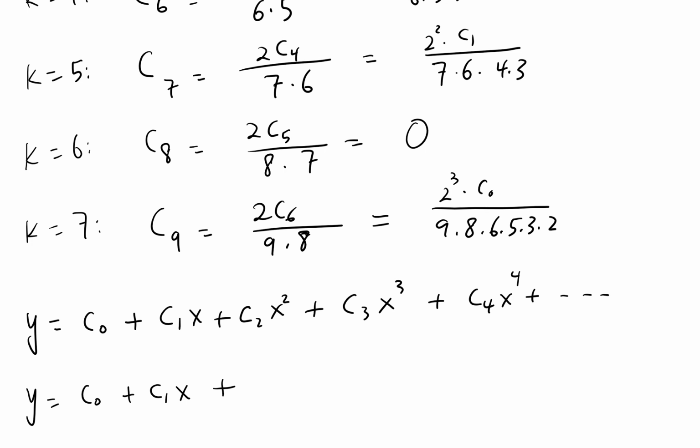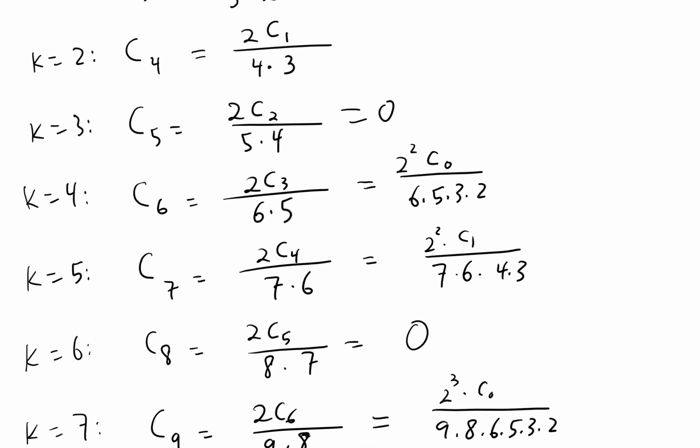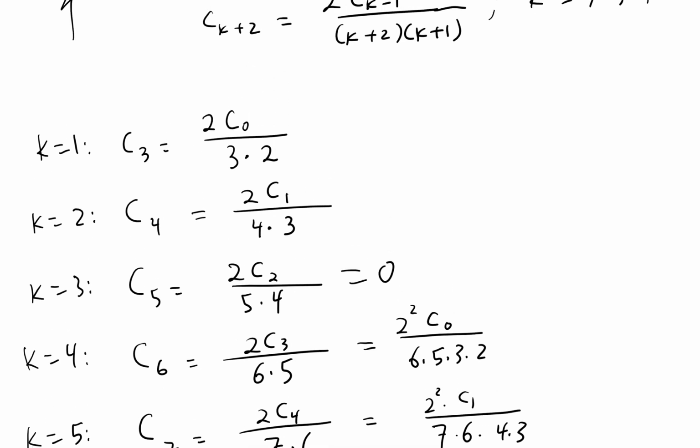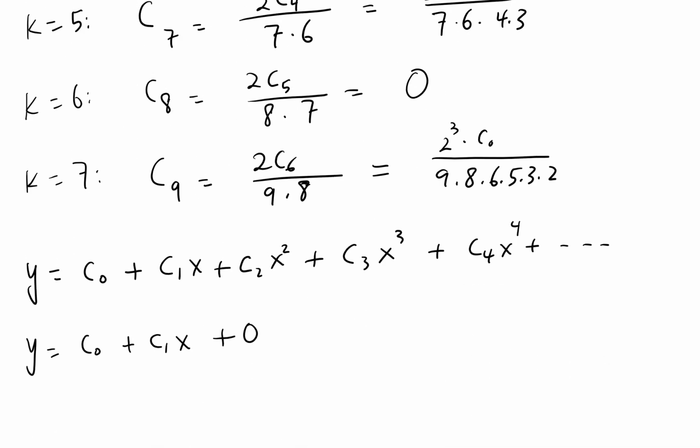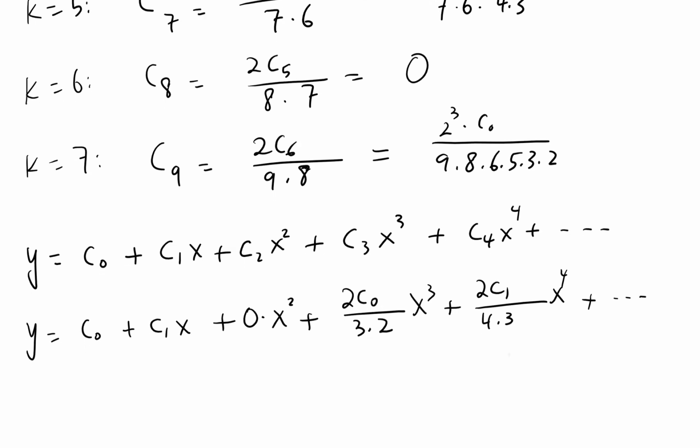Those are the constants. c2 was 0, remember, so 0 times x squared. c3 was 2 c0 over 3 times 2. This one was 2 c1 over 4 times 3. And this can go on and on.